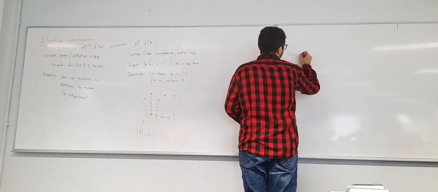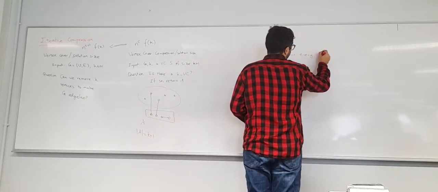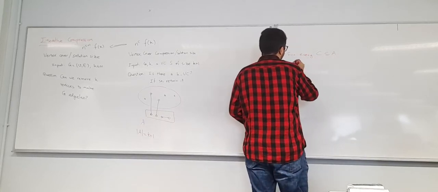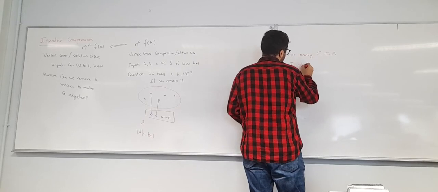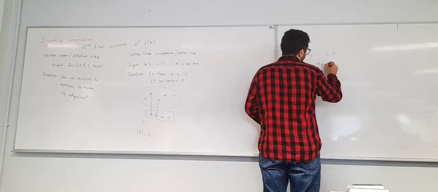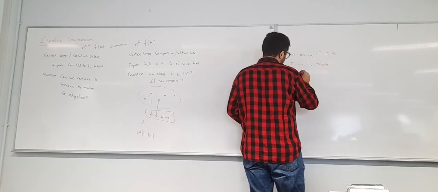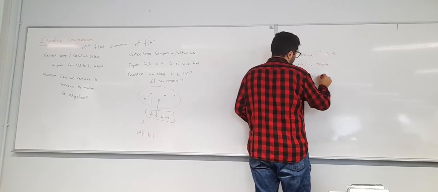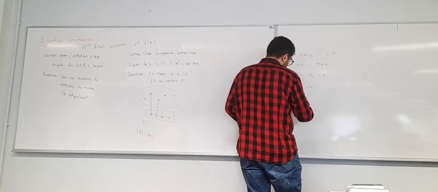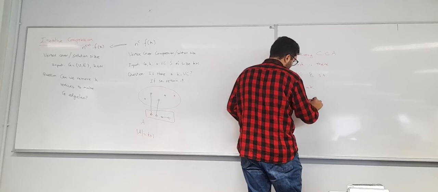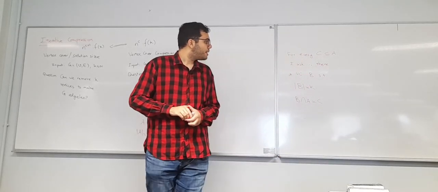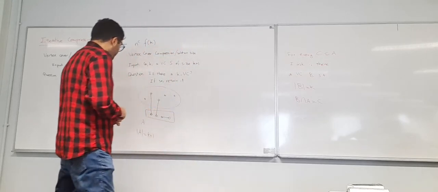For every subset C of A, I ask, is there some vertex cover B such that it has K vertices and B intersection with A is C?